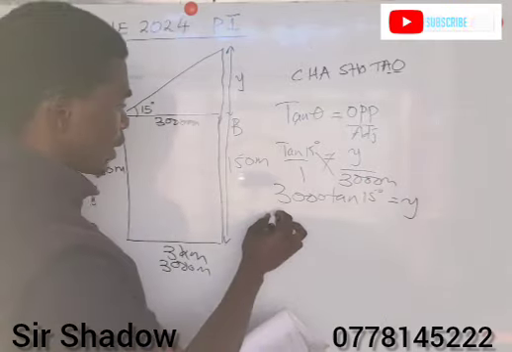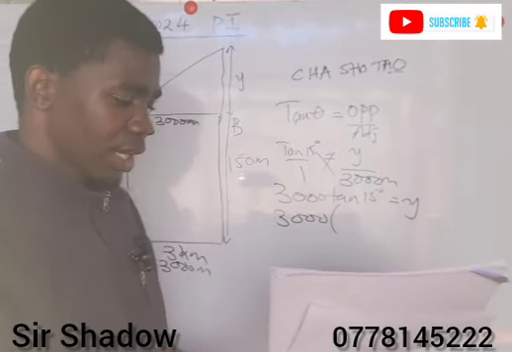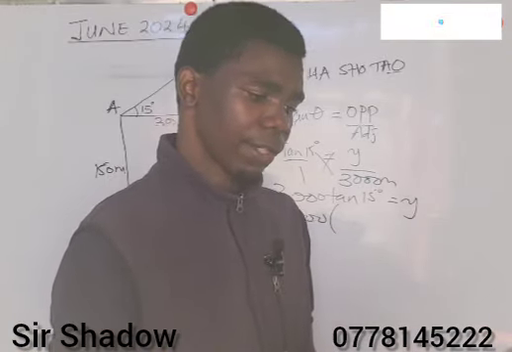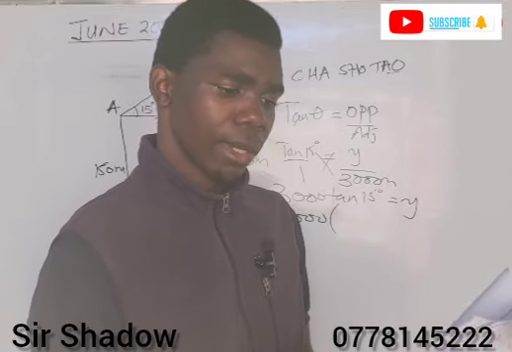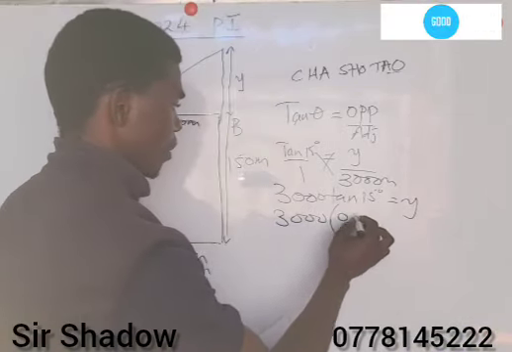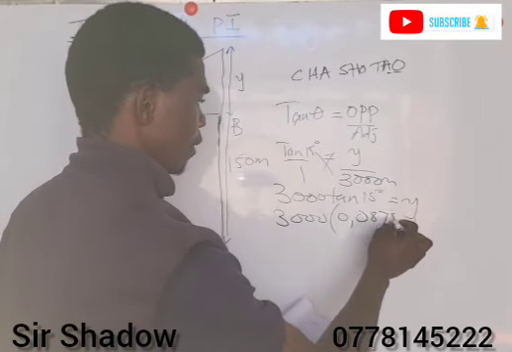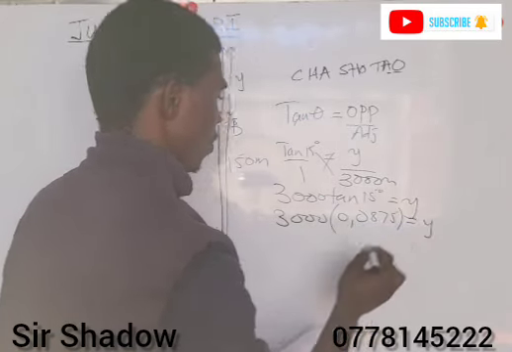But remember, we are given tan 15 already. Tan 15 is 0.0875, so that is equal to y.